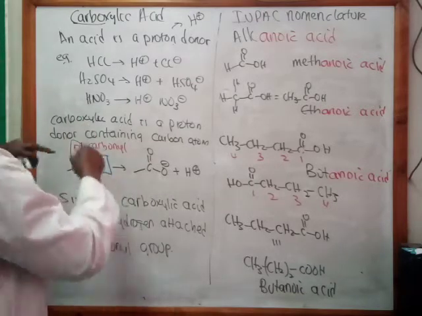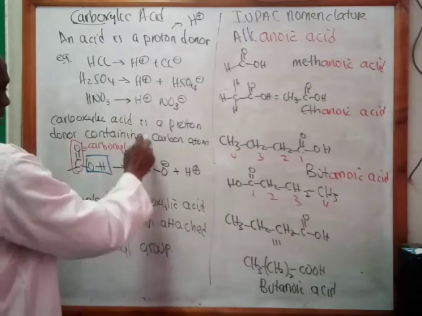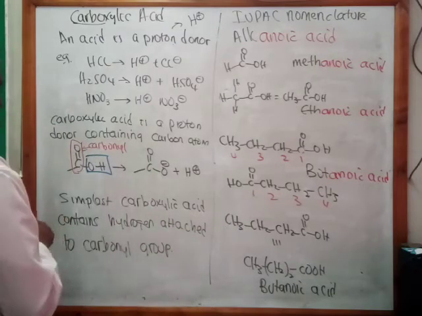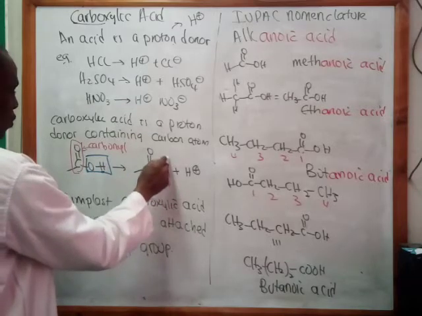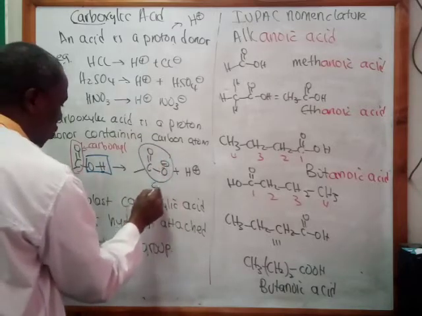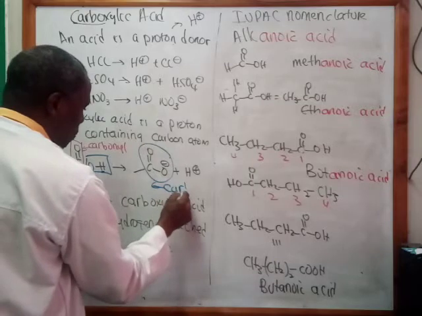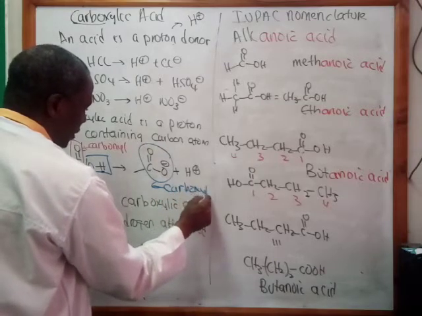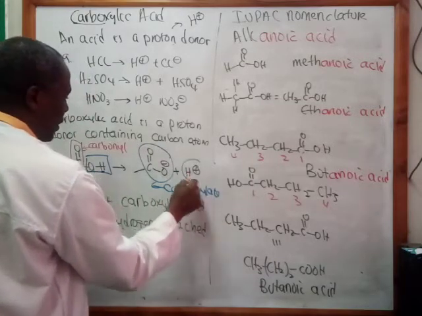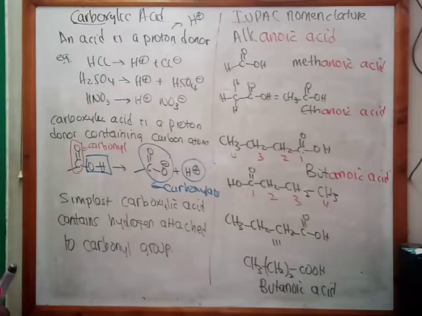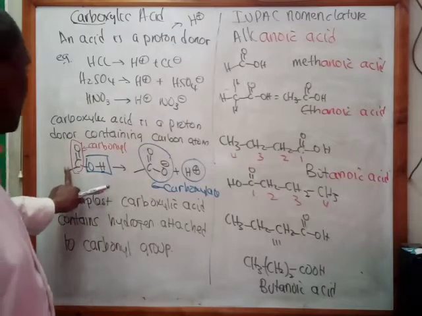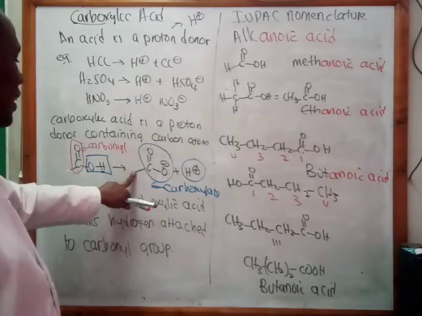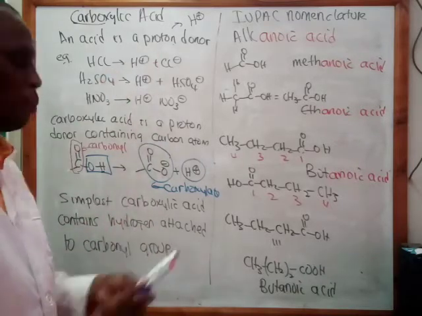When these are joined together, they form the carboxylic group. It can lose a proton here to form the carboxylate ion, and then the H plus will be released into the solution. Can you see that? This is where you're going to be attaching the groups to make it complete.